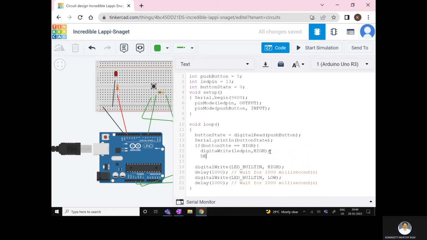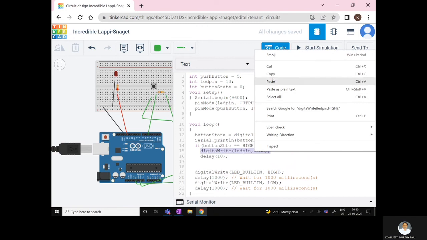delay, 10 milliseconds. Digital write LED pin low.